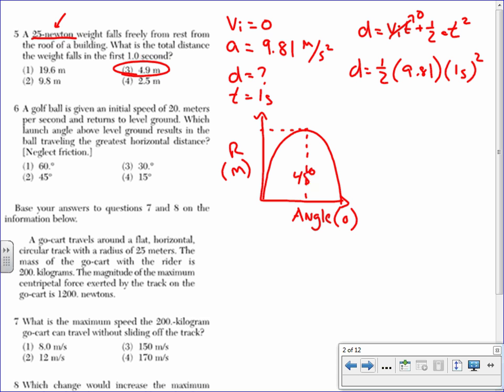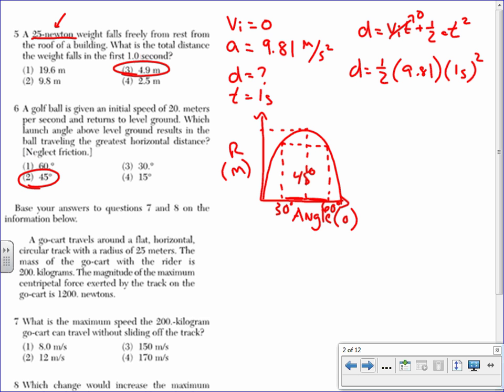Okay, and 45 degrees actually is a choice, so that works out. But we can also see that a point, let's say, at 30 degrees would have the same horizontal distance as something like 60, because they're both 15 degrees away from 45. So the general trend is as the angle goes up to 45, the range gets larger, and then from 45 to 90, the range gets smaller.